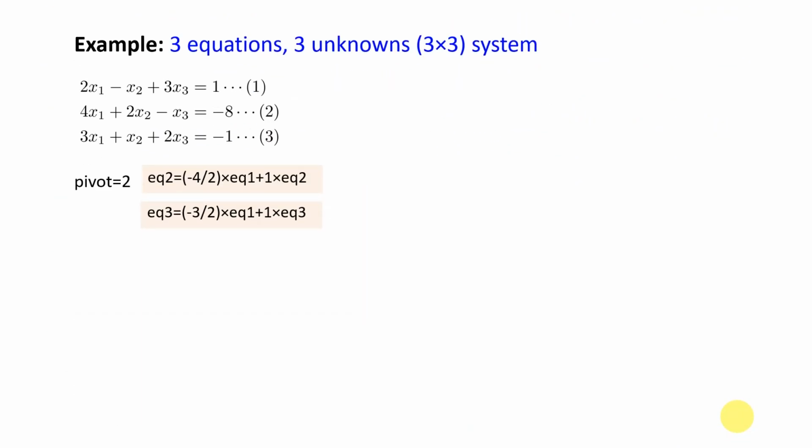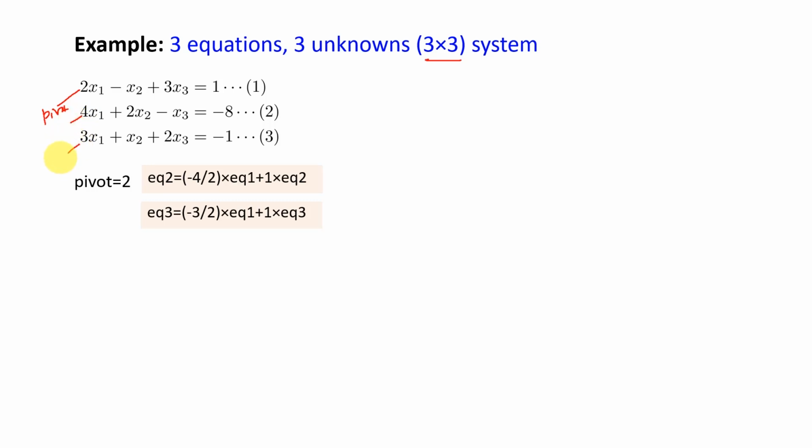Now you go for a slightly more complicated situation where we have a 3 by 3 system, 3 equations, 3 unknowns. Here our goal is first to take this pivot 2, and then we want to bring 0 in place of 4, we want to bring 0 in place of 3.